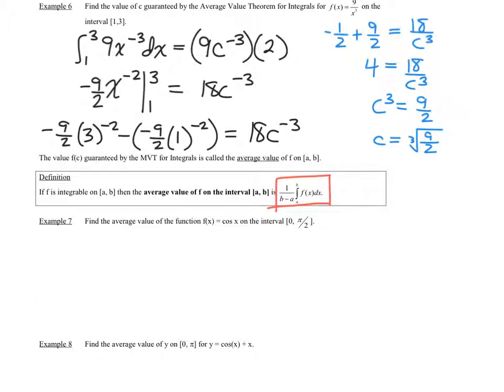The problems after that are 7 and 8, much simpler, because it's just saying find the average value. So we're dividing the definite integral by the length of the interval. So we're looking at 1 over pi over 2 minus 0 times the integral from 0 to pi over 2 of the cosine function with respect to x.